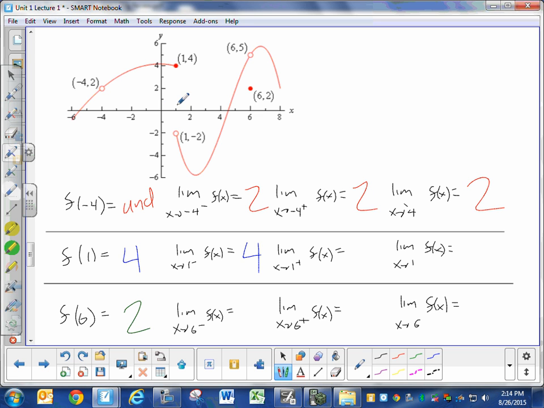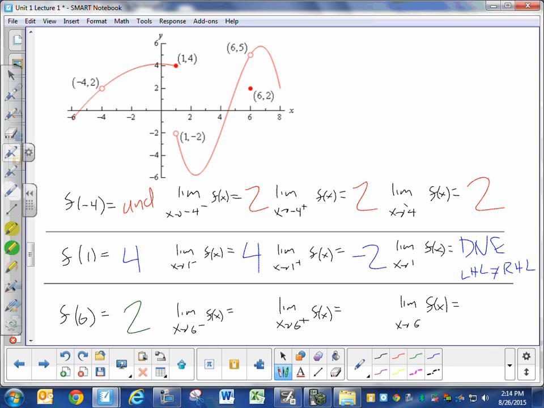If I look at 1 from the right, as I get closer and closer to my input of 1 from the right, my y values get closer and closer to that y value -2. Since the left-hand limit and the right-hand limit are not the same, this limit does not exist. We would say the LHL does not equal the RHL.